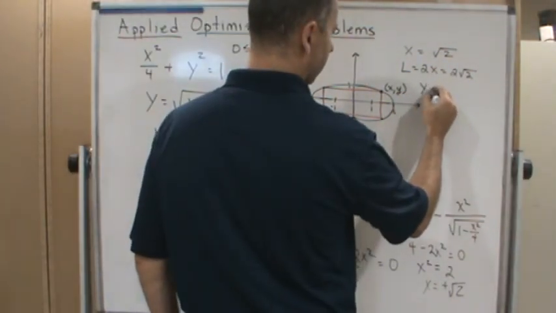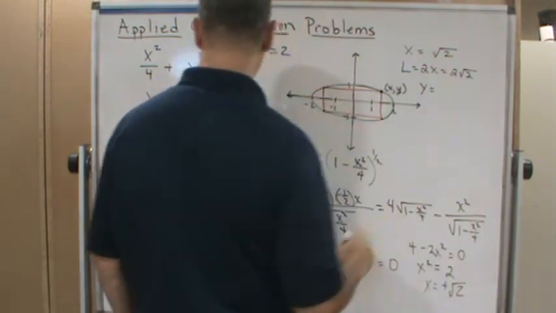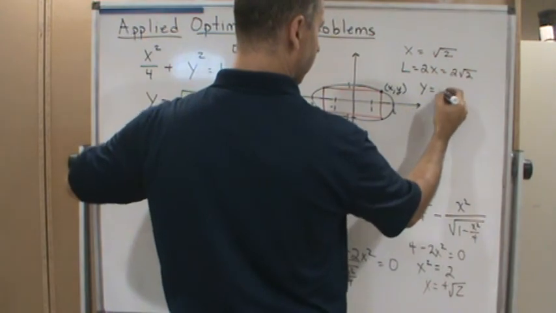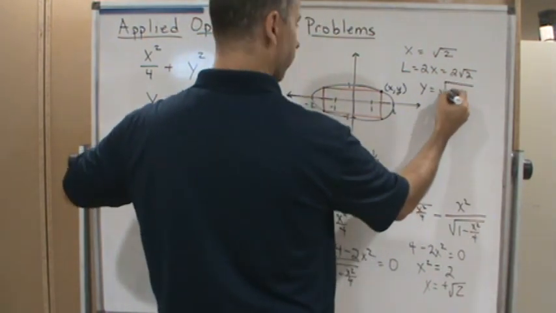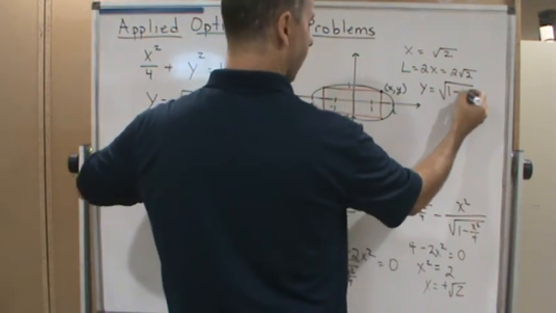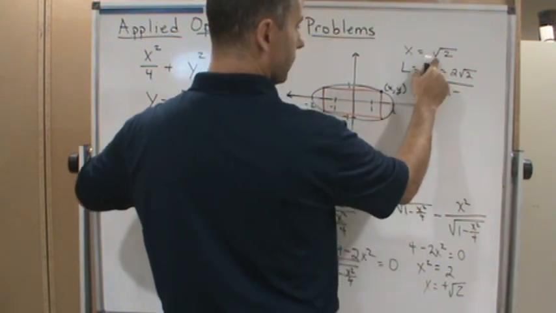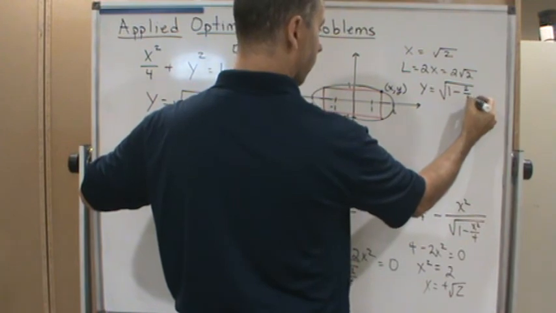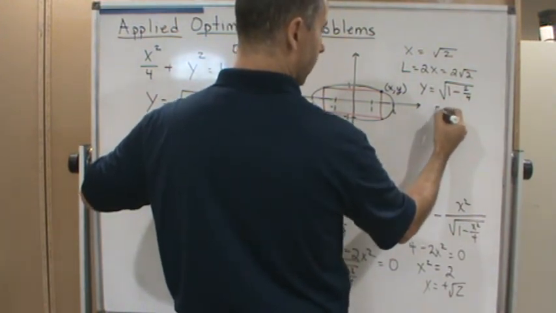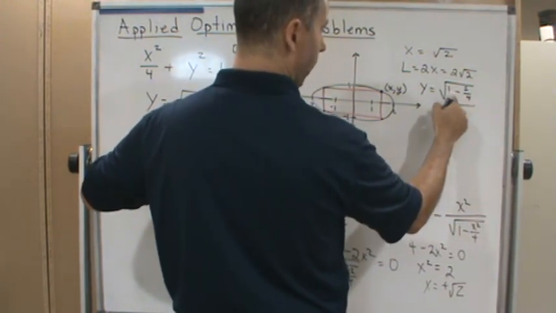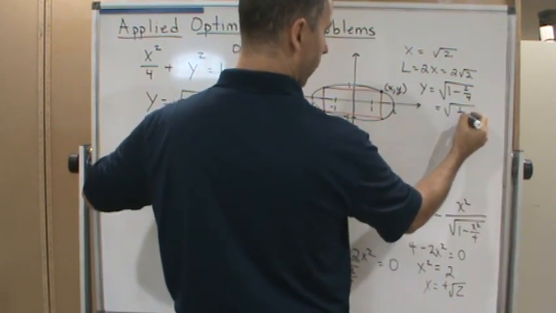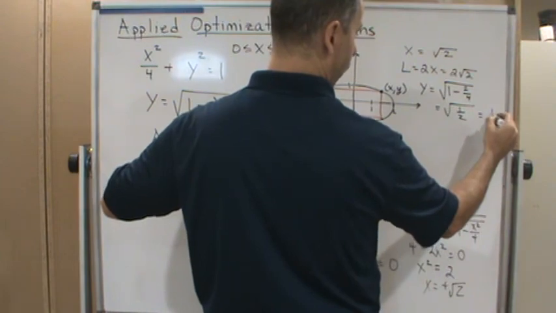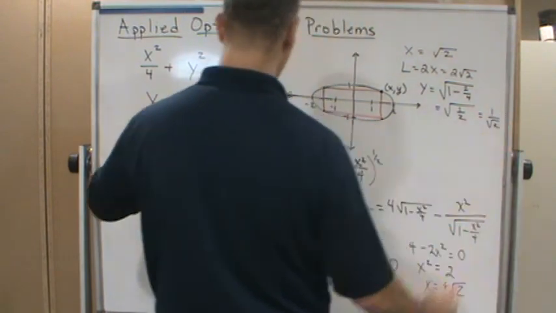And since x is the square root of 2, y is equal to the square root of 1 minus x squared over 4, which is the square root of 1 minus 2 over 4, which then equals the square root of 1/2. So this would be equal to 1 over the square root of 2.